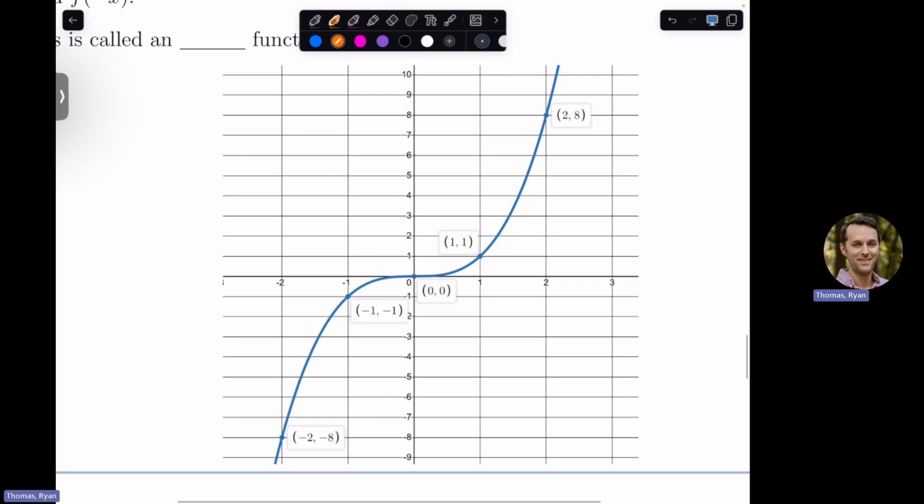Because that would imply that every x is going to be negative. Interesting stuff to think about in the future.